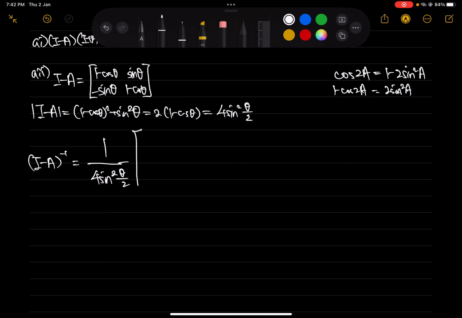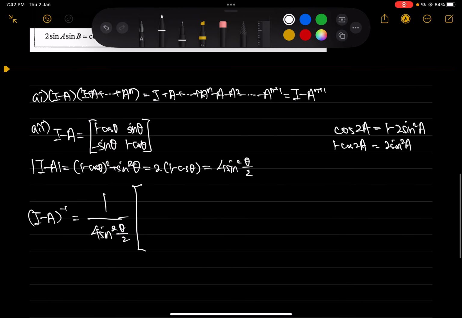And then we have the transpose of that matrix, which means this is negative and this one's positive.